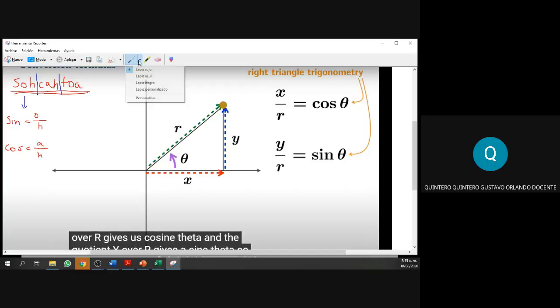And in case you're still a little bit lost, S is for sine, O is for opposite, and H is for hypotenuse. It works also with cosine: C is for cosine, A is for adjacent, and H is for the hypotenuse. You guys know this, right?